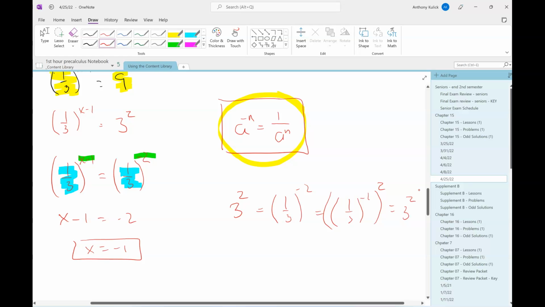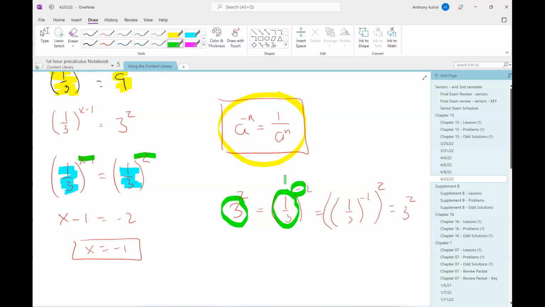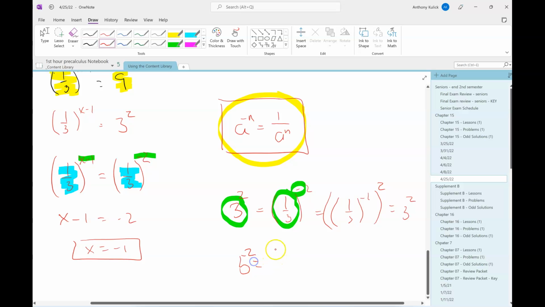So the takeaway, Leo, the thing that you want to remember is I can change this to a reciprocal by adding the negative exponent. If I make a reciprocal and add the negative exponent, it's still the same thing. So for example, if I had 5 squared, I could rewrite that as 1/5 to the negative 2.